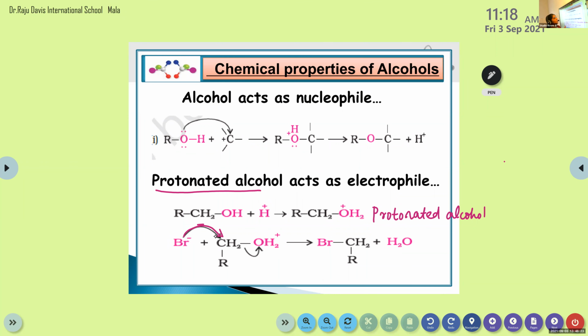To remove one compound from here, this H2O plus will be removed. That means CO bond cleavage takes place. In the previous case, OH bond cleavage took place, and here CO bond cleavage takes place. Clear, children? I will draw it again on the board. Just wait.